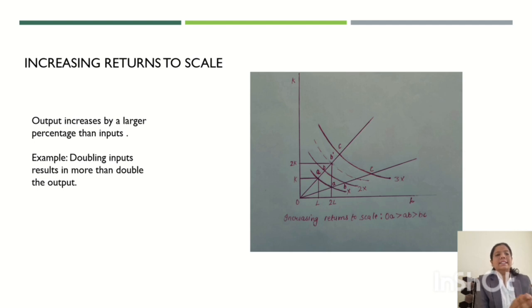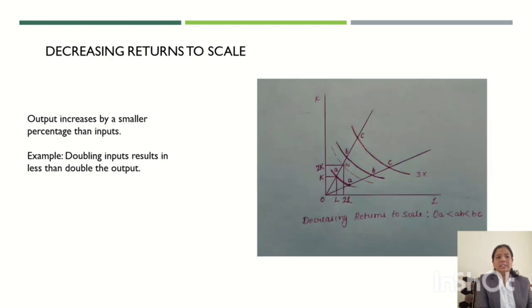Then in the next slide, the graphical representation of decreasing returns to scale, we can see that output increases by a smaller percentage than inputs.